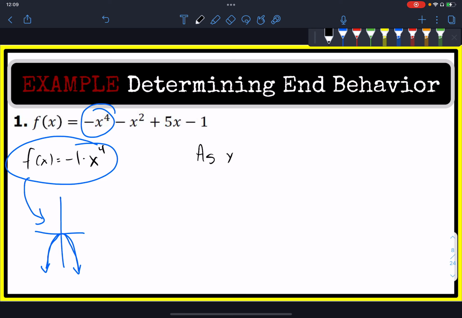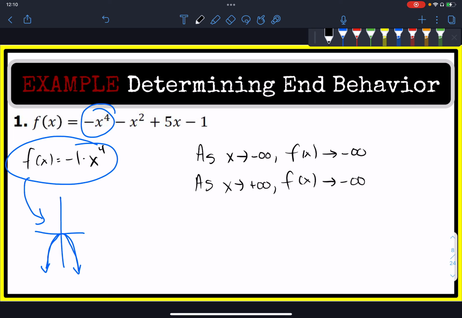So as x approaches negative infinity, the function values are unbounded, pointing towards negative infinity. And as x approaches positive infinity, the right end is also unbounded, pointing downward, so the y values approach negative infinity as well. So this is the end behavior of our function.